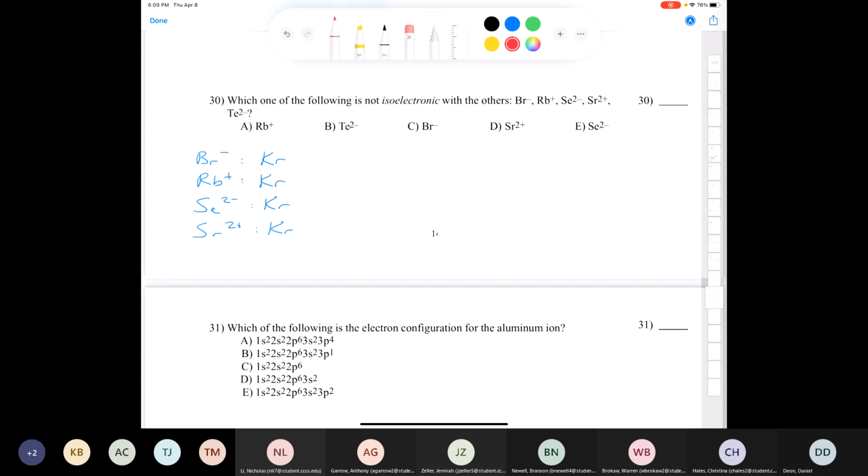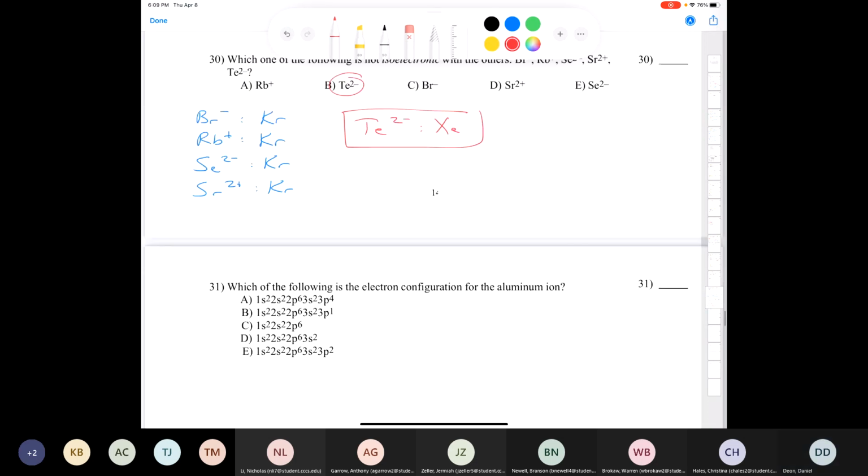However, tellurium with a 2- charge, if I look at tellurium, it's element number 52. It's isoelectronic with xenon. And so the answer is tellurium 2- is the outlier.